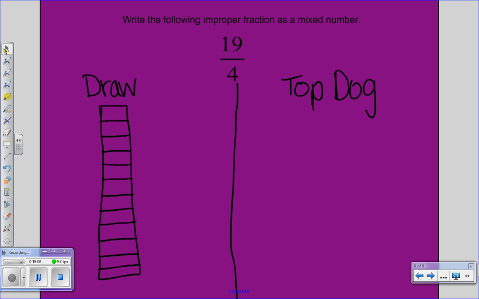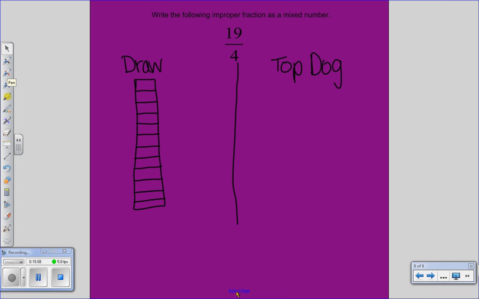Let me extend my page here. And I'm going to go ahead and label them. 1, 2, 3, 4, 5, 6, 7, 8, 9, 10, 11, 12.